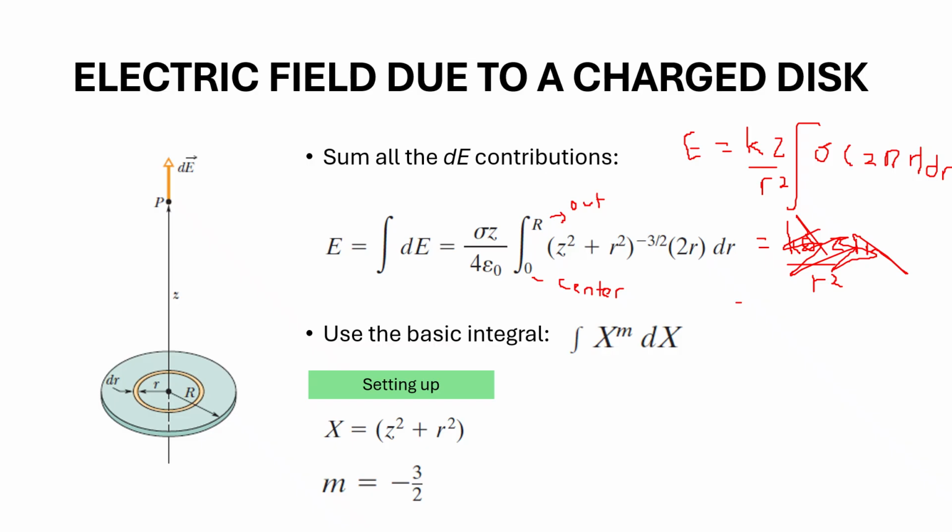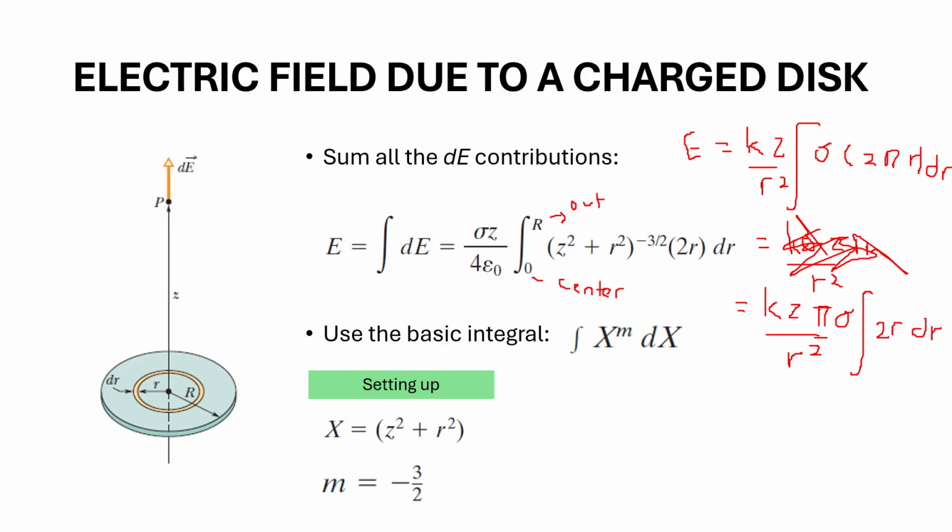So you have the electric field equal to k z, and also pi you can bring out because pi is constant, over r squared. Then also you can bring out this delta because delta is constant. Then you just have the integral of 2r dr inside here.